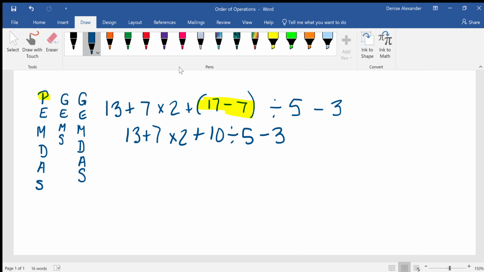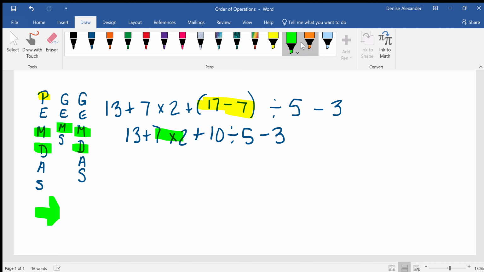Now I'm going to get green for my second color. I have no exponents. So this is where GEMS is interesting, because GEMS says multiplication and division in the same section. So PEMDAS and GEMDAS, you've got to put multiplication and division. Remember, we're working left to right. So I'm going to go here, 13 plus 7 times 2.